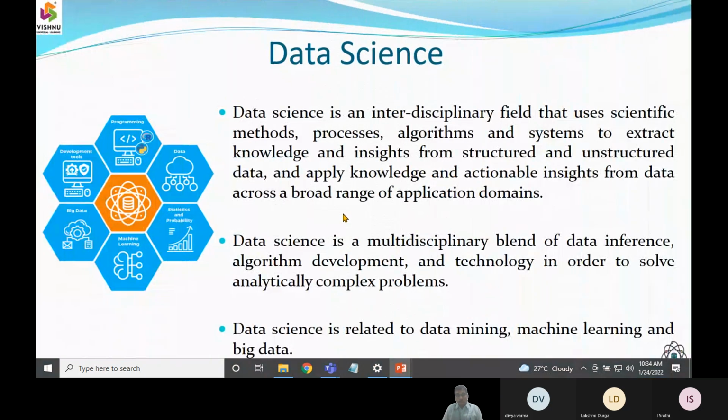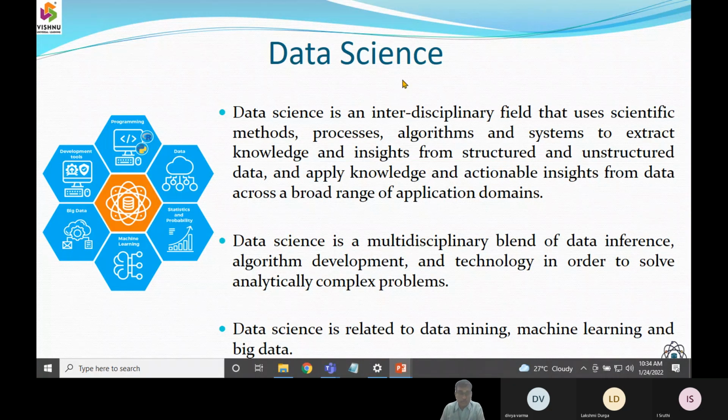In our earlier discussion, we were talking about the basic definition of data science, where we were calling data science an interdisciplinary field. The basic intention was to work with structured data and unstructured data. From these structured and unstructured data, we need to get valuable insights.